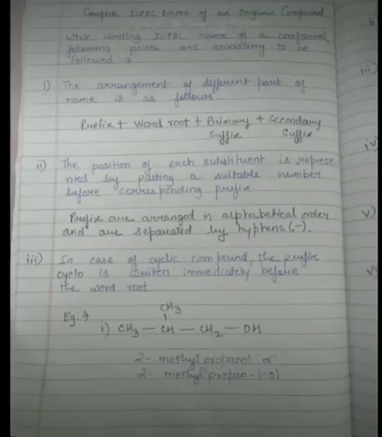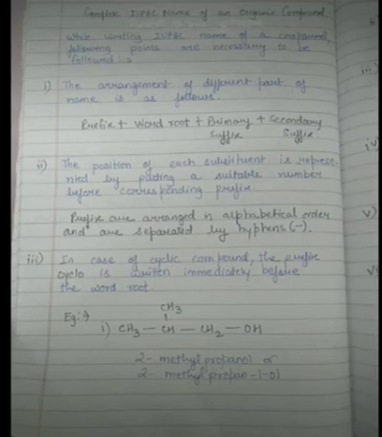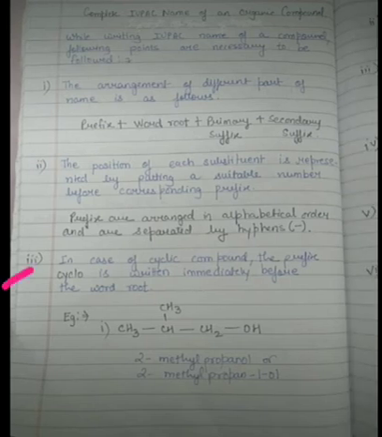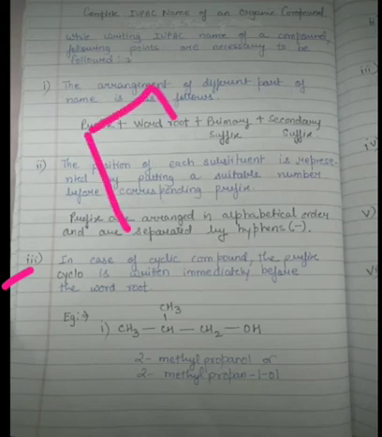Now student, one more thing which you have to look for is the third one. Here you can see, in case of a cyclic compound, the prefix cyclo is written immediately before the word root. What I am saying is, suppose there is a compound like this. For naming such a compound, you have to write cyclo before the prefix.